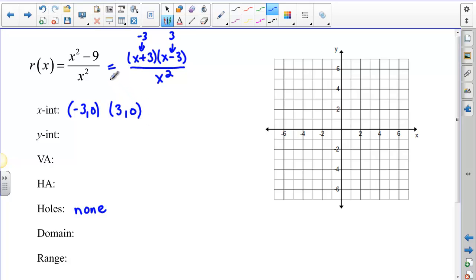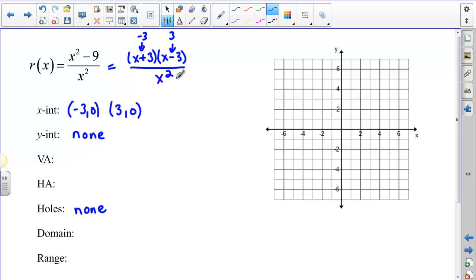The y-intercept occurs when we plug in 0. And if I plug in 0, I get 0 minus 9 up top, but I get 0 on the bottom. And that doesn't happen, and so we can't divide by 0, and we know then that there are no y-intercepts.